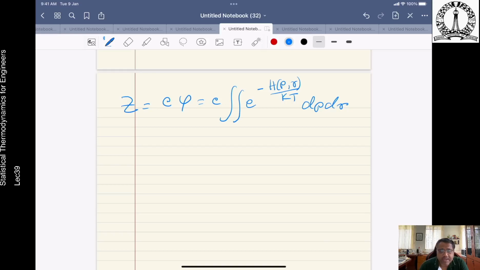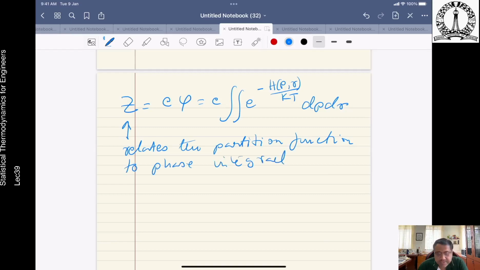In this particular case, as we saw, this equation is highly significant because it relates the partition function to the phase integral.